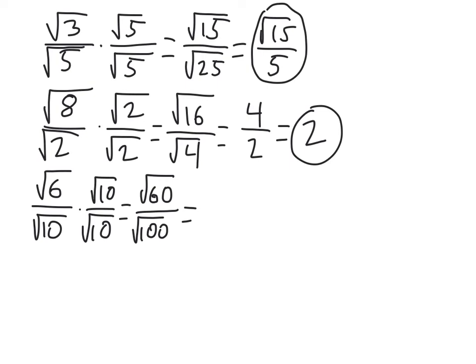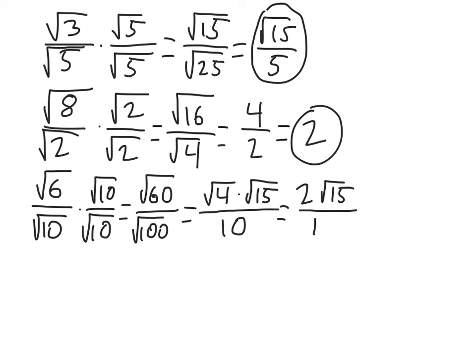The answer to that is 4. So we have the square root of 4, and 60 divided by 4 is 15. And then down bottom, the square root of 100 is 10. So now we can take the square root of 4 is 2, and square root of 15, divided by 10.